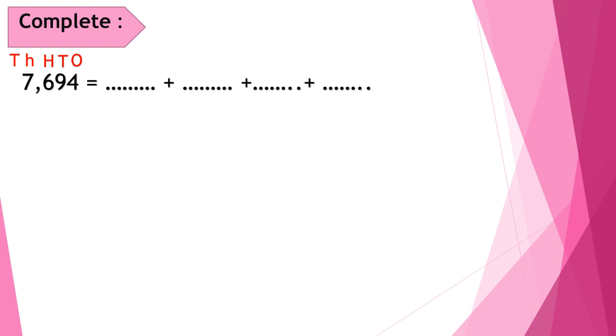To write this number in the expanded form, we will put 3 zeros to the number in the thousands, 2 zeros to the number in the hundreds, 1 zero to the number in the tens, and no zeros to the number in the ones. Then 7,694 equals 7,000 plus 600 plus 90 plus 4.